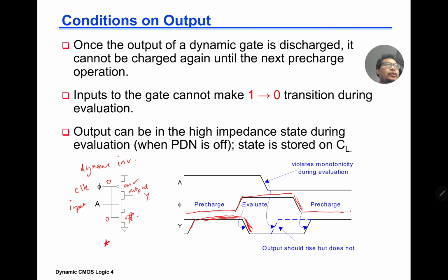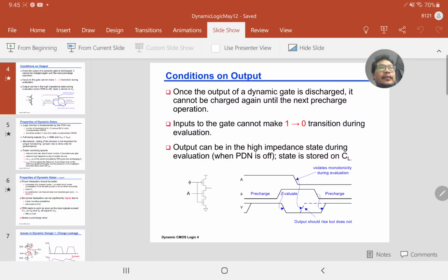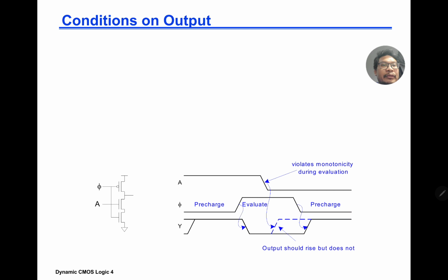Now let's do another analysis, on the evaluation. During evaluation, phi equals 1, so our PMOS is off and our NMOS is on. And during evaluation, say A equals 1.